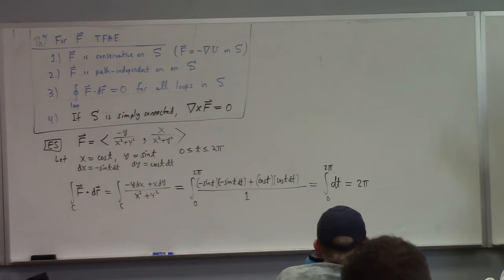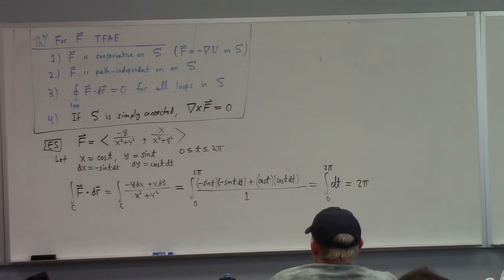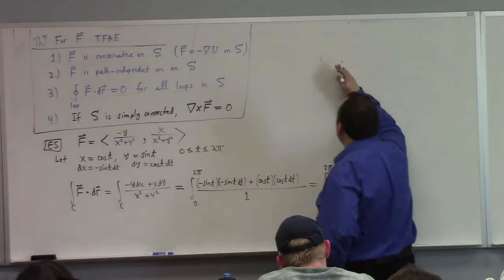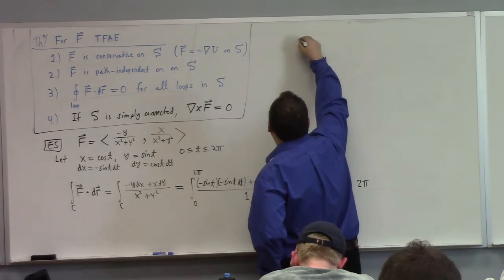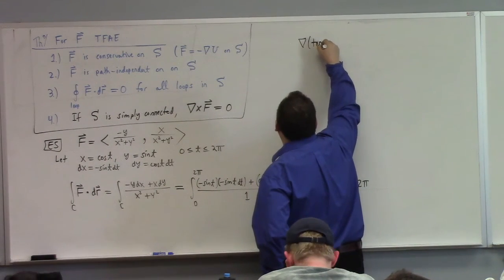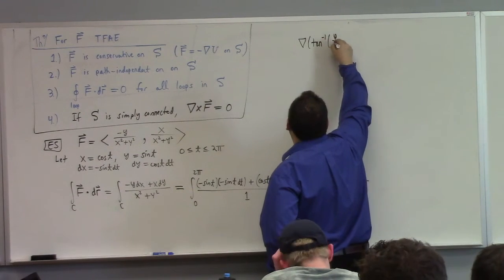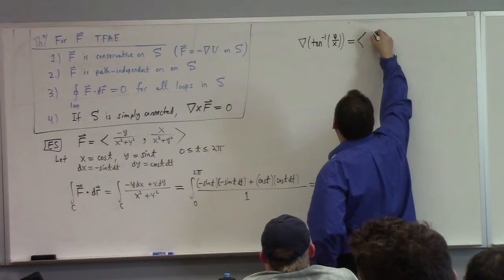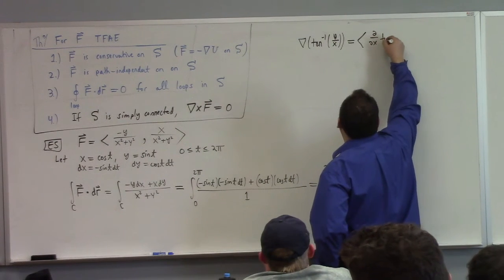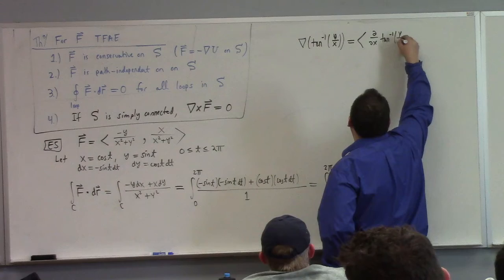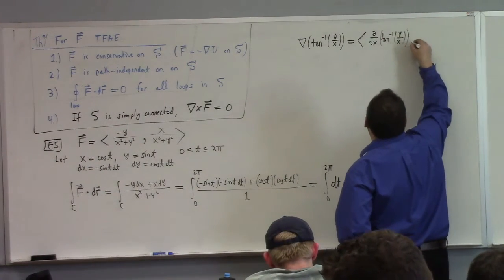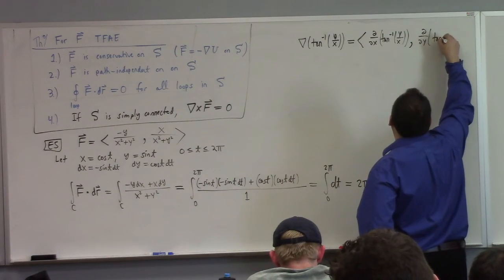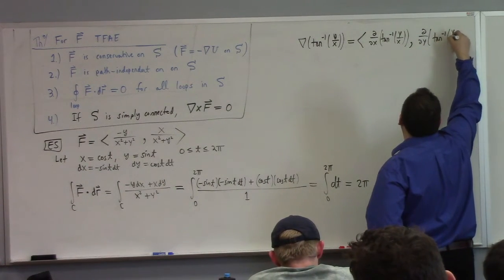What gives? Why did this happen? What's the deal with this vector field? Well, let me tell you the secret. If you calculate the gradient of the inverse tangent of y over x, what would that give you? You guys know how to differentiate inverse tangent?